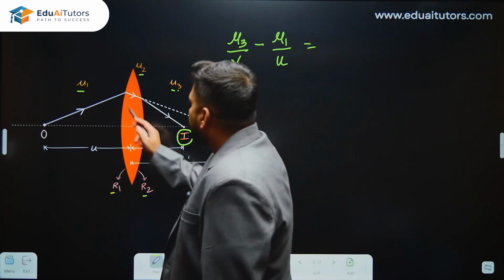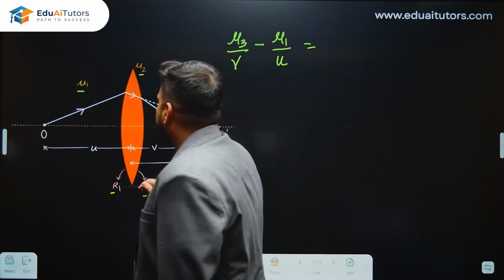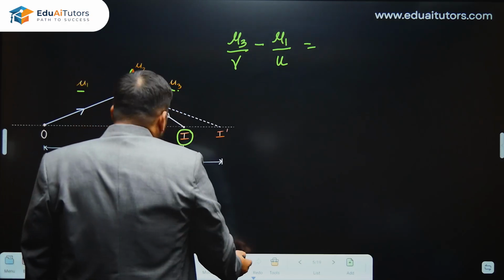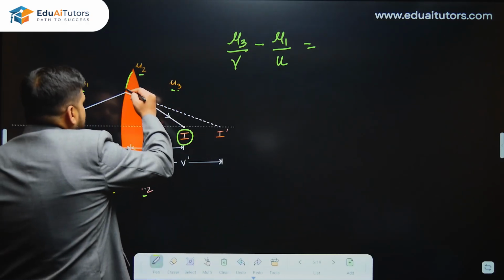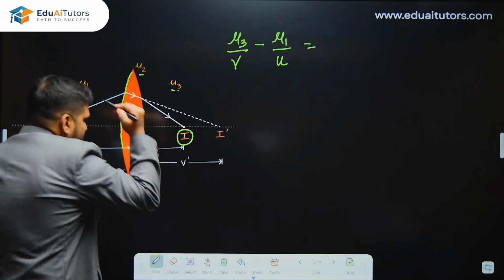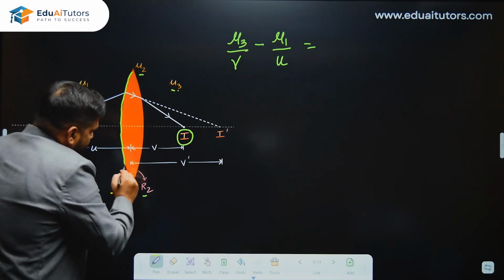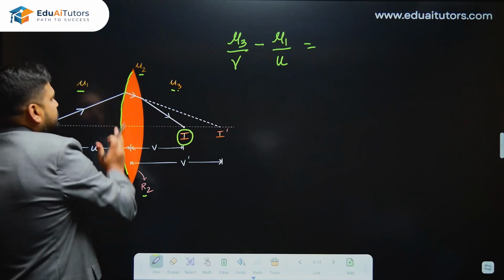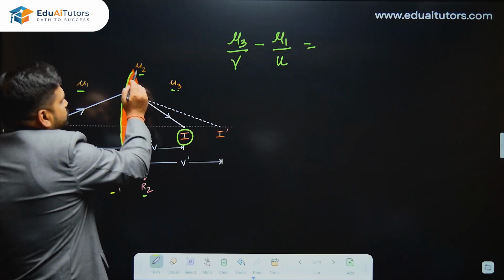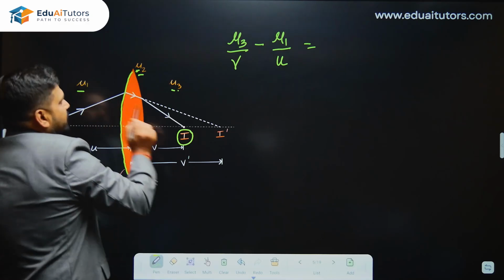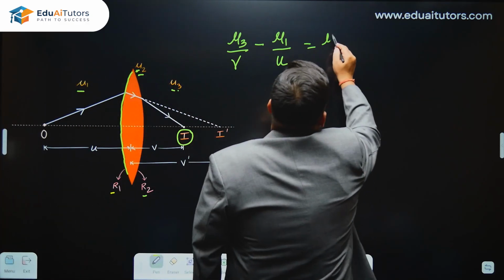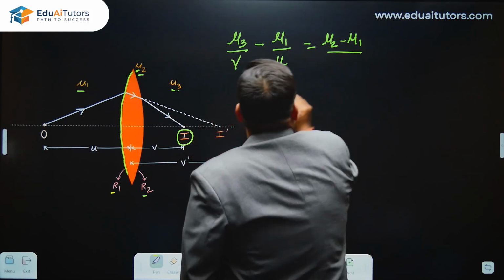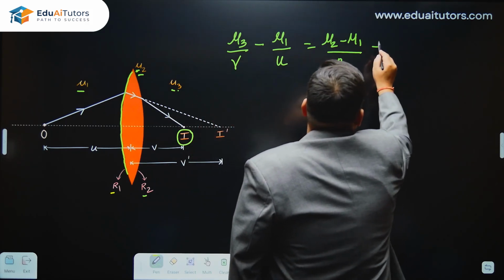This is the first surface, and as you can see, the curvature of the first surface is R1. Across the first surface, what is the medium? Mu2. So I will write first (mu2 minus mu1) divided by R1, plus.